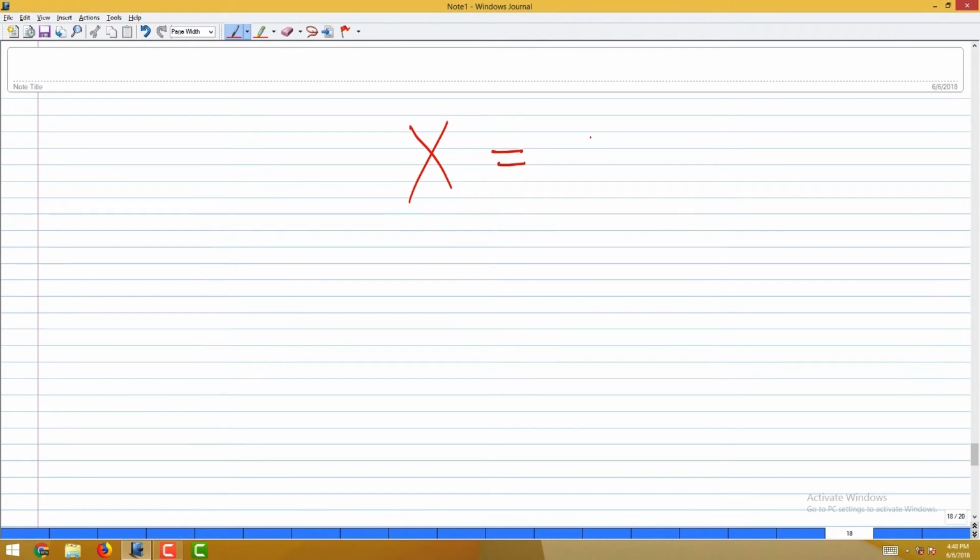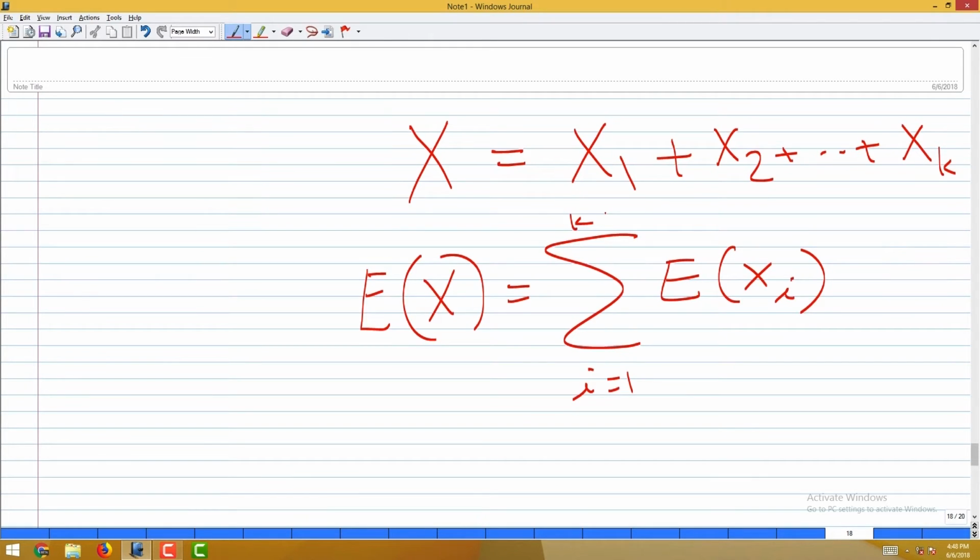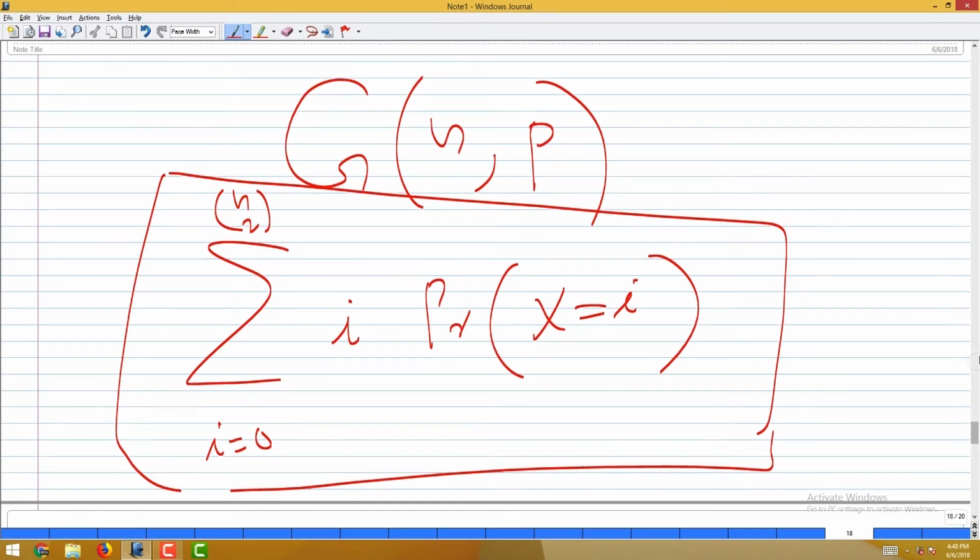So, what I am going to tell now is how to deal with this in a much easier way using the so called linearity of expectation. The point is that if a random variable x can be written as two or many other random variables, say x1 plus x2 plus some xk, then if you want to find the expectation of x, you can find the expectation of the individual things and sum up. This also requires a proof, but I skip that.